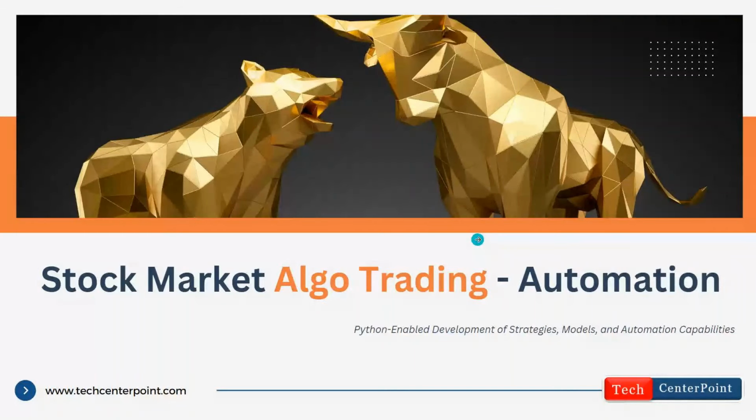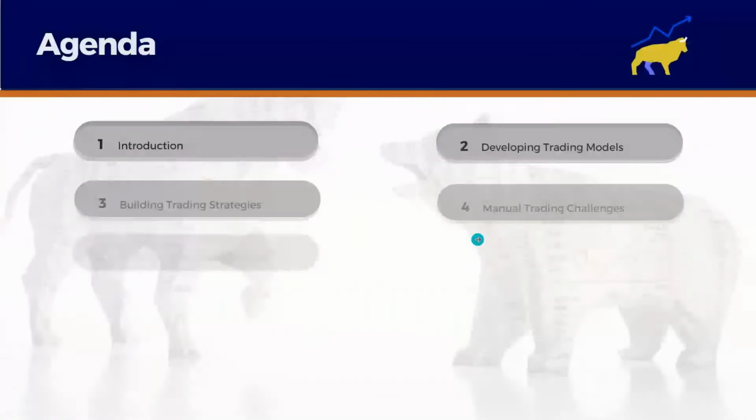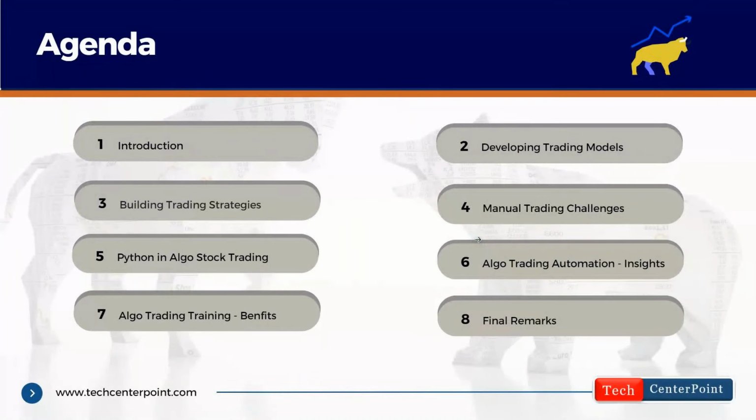So as part of today's session, these are the topics we are going to cover. At the very first, let me introduce myself. Then development strategies: how are we going to develop the strategies? We will discuss the challenges and models as well.